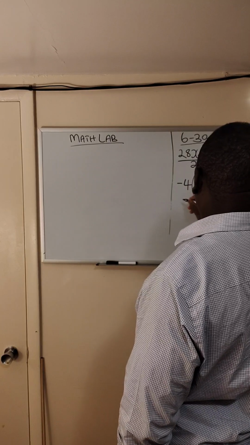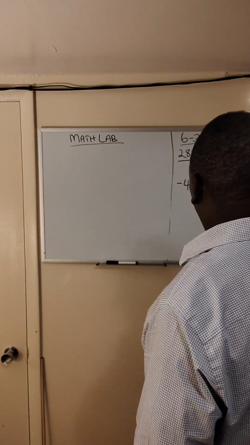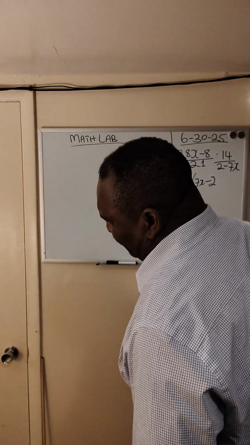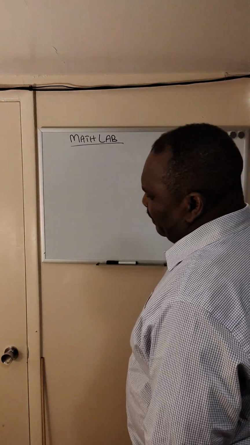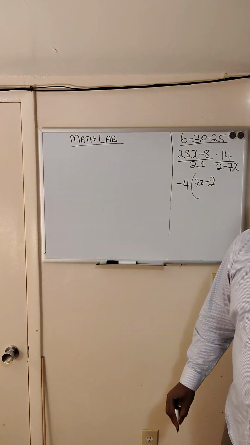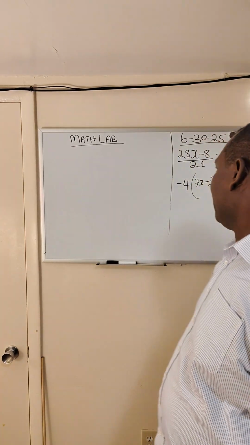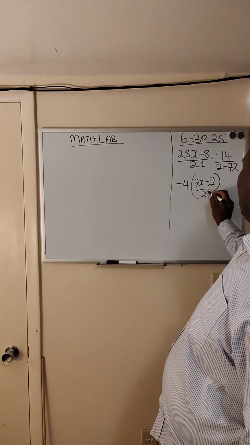So now that number is 7x minus 2, because when we multiply negative 4 by 2, we'll get negative 8. Then we close the bracket and we divide it by 21.